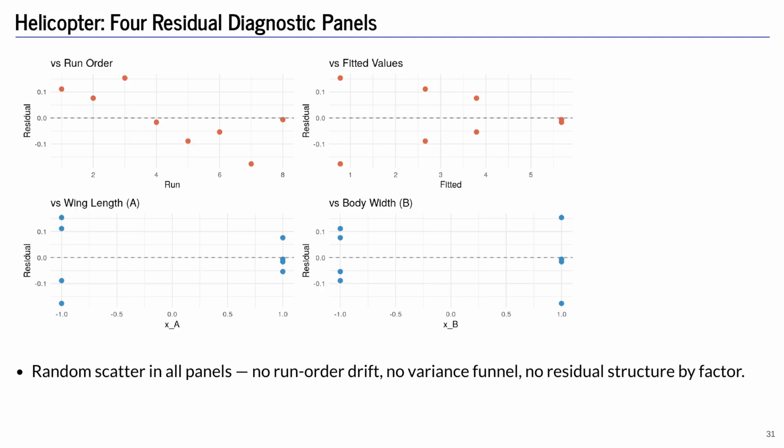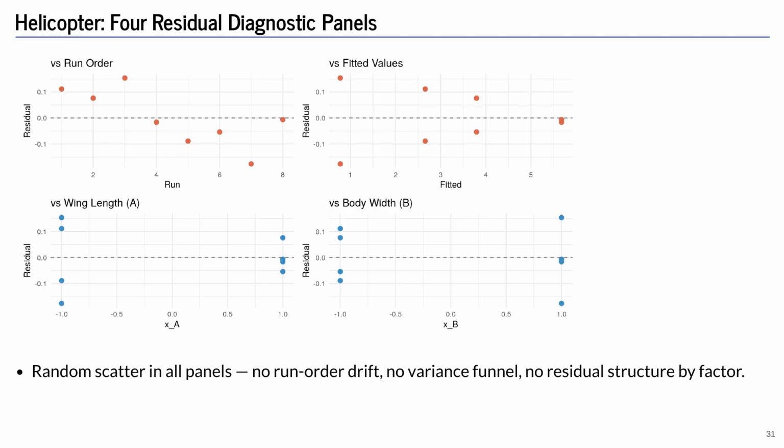Now, with 8 runs, these plots are sparse. You are looking at 8 points per panel, and random variation alone can create apparent patterns in small samples. The discipline here is to ask, is there a clear, systematic pattern, a monotone trend, a pronounced curve, a dramatic change in spread, or is it just the noise you would expect from 8 observations?